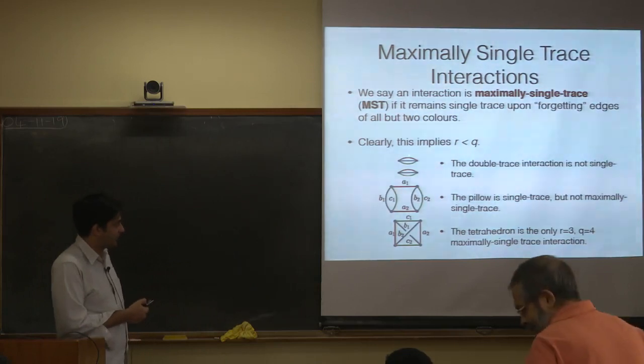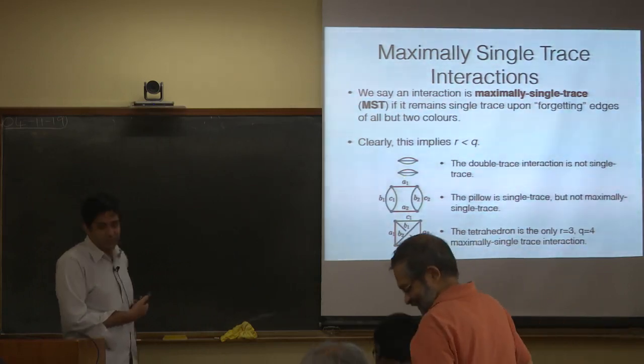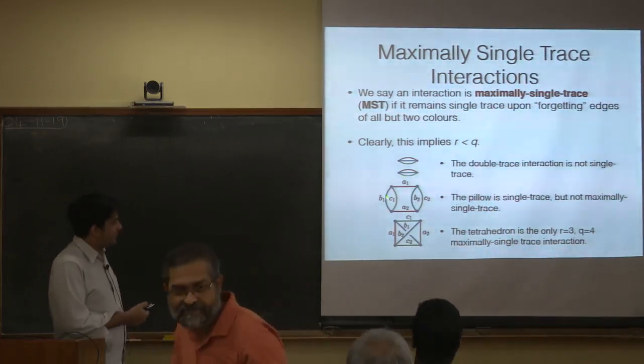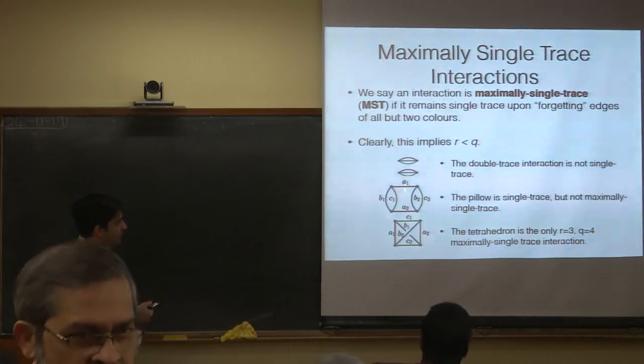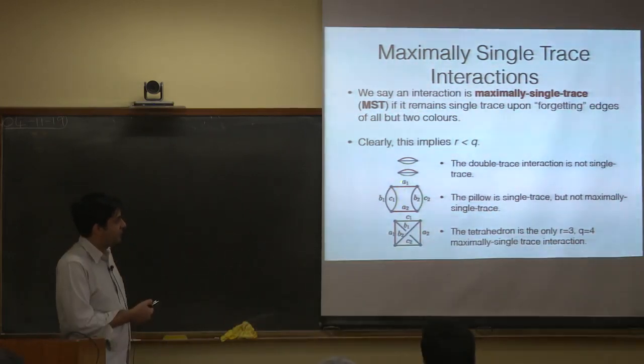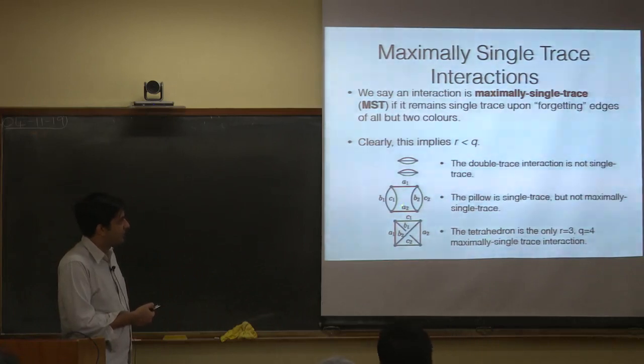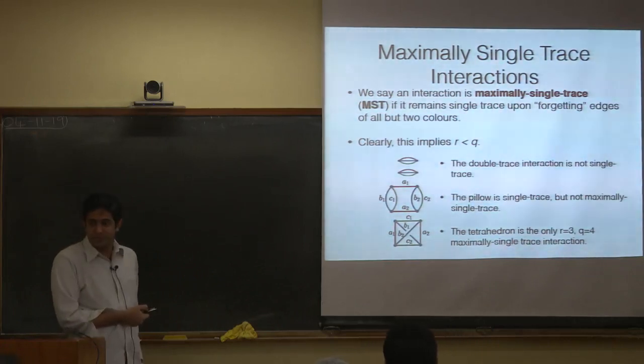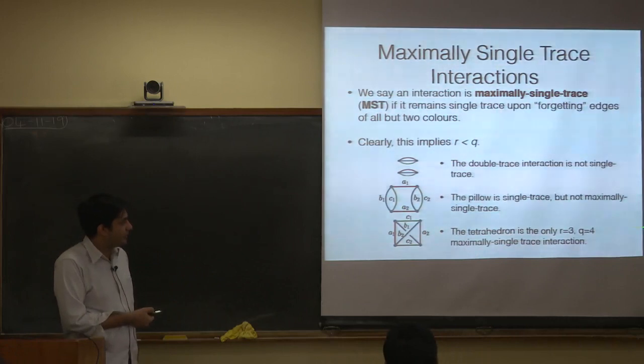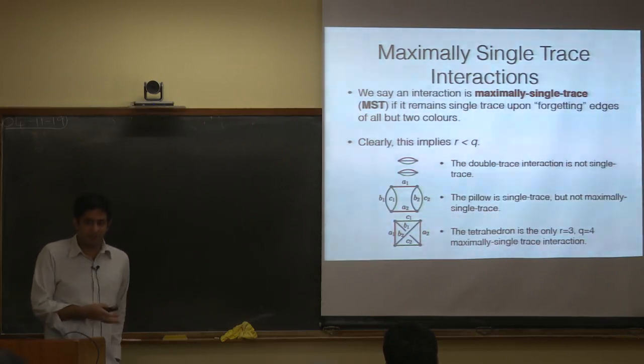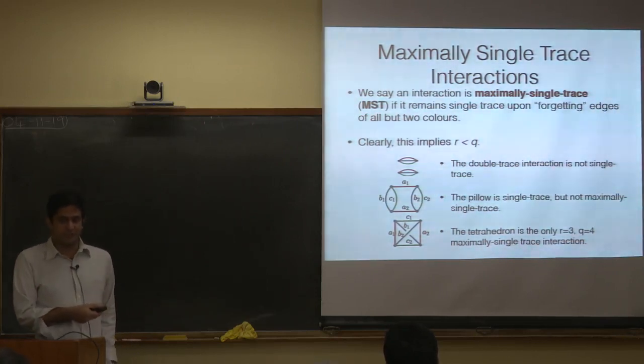So this double trace interaction is not single trace, it's double trace. This pillow, although it's single trace, is not maximally single trace, because if you erase the red line here, it becomes double trace. But a tetrahedron is maximally single trace, because even if you keep just any 2 colors, you are still left with a single trace interaction.